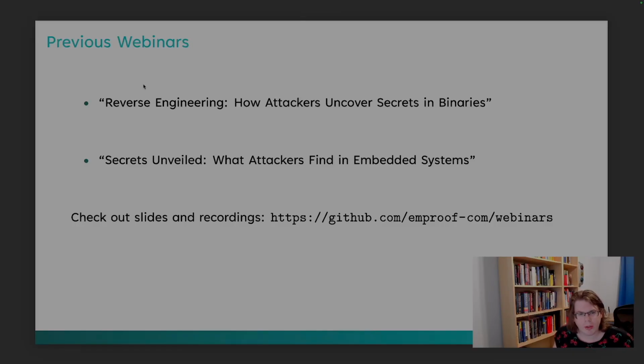If you are new to this series, there are already two webinars we did in the past. One is Reverse Engineering: How Attackers Uncover Secrets in Binaries, where we did a small introduction into reverse engineering. In the second webinar, Secrets Unveiled: What Attackers Find in Embedded Systems, we took a closer look at embedded firmware and how we can find credentials there.